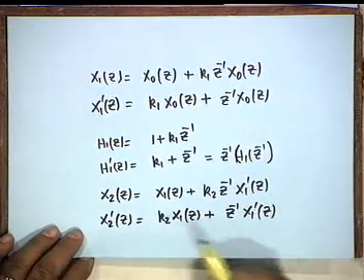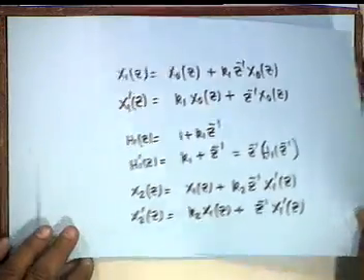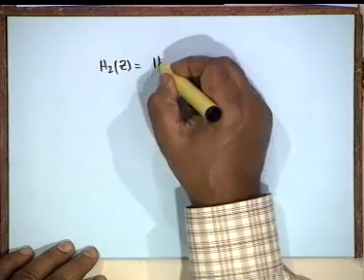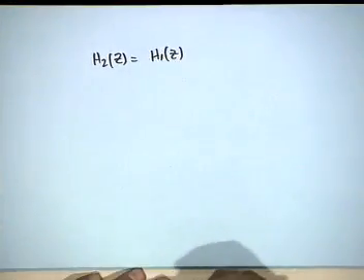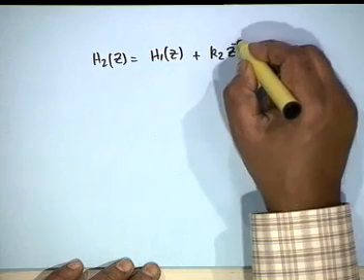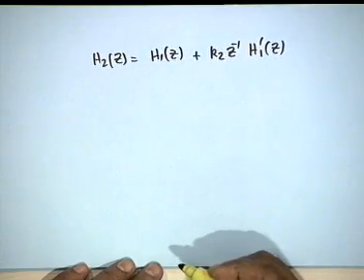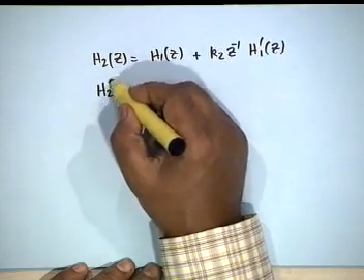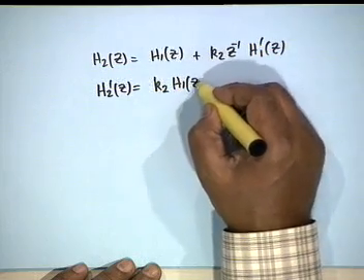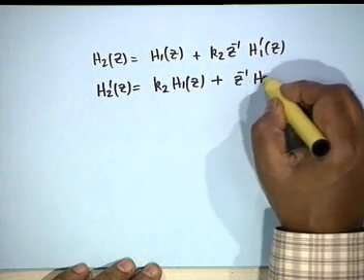And from here I can write the two transfer functions H2(z) and H2'(z). You look at what the transfer functions are. H2(z) is equal to H1(z), since X1 by X0 is H1, plus K2 z inverse H1'(z), right, and H2'(z) shall be equal to K2 H1(z) plus z inverse H1'(z).